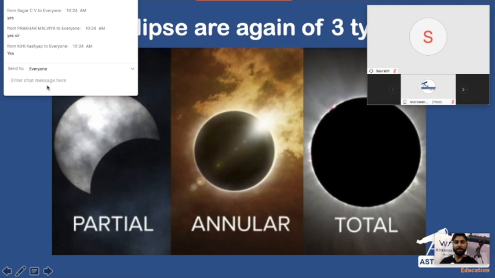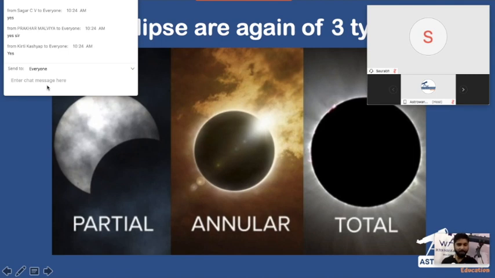Okay, let's go ahead. Eclipses are of three types in general: partial, annular, and total eclipse. In a partial eclipse, the sun is covered by the moon only partially. In a total eclipse, the moon is completely covering the sun.